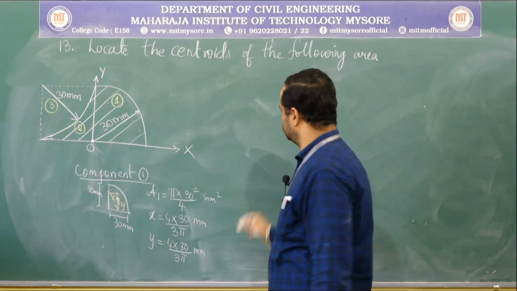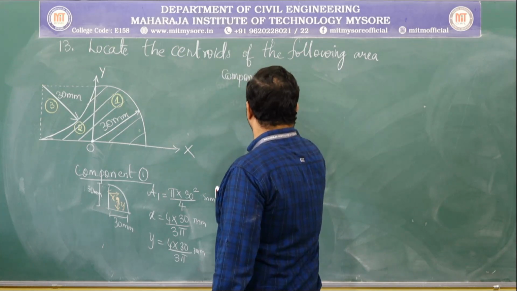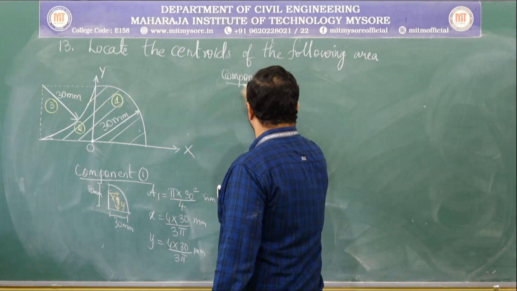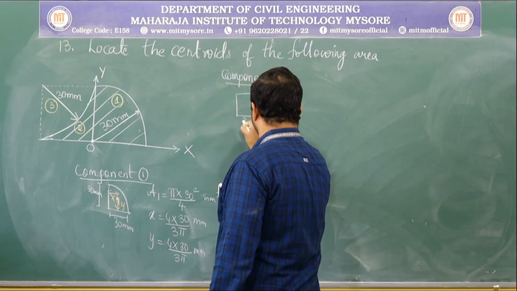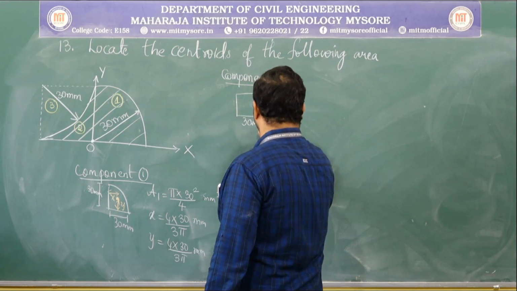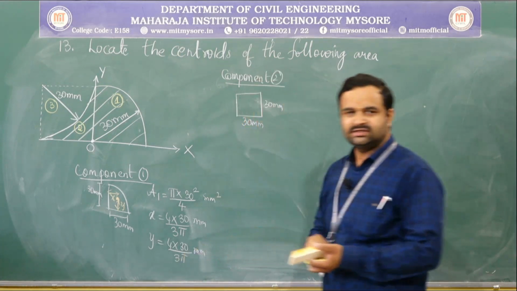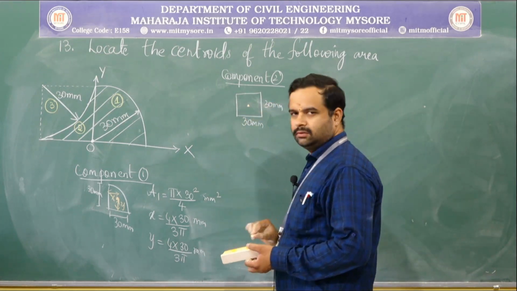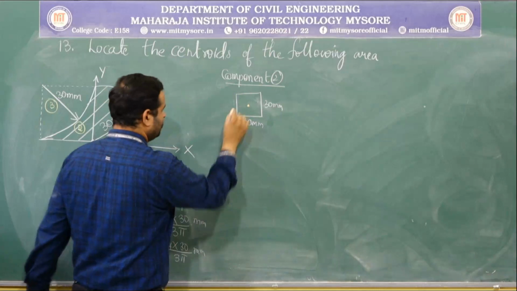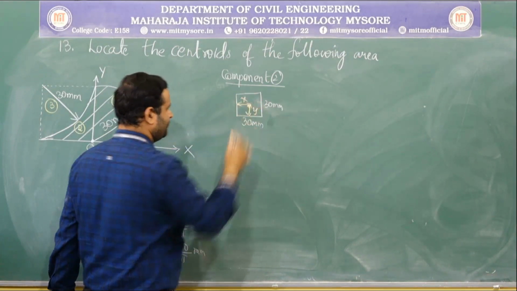Now, component 2. Component 2 is a square of size 30 mm by 30 mm. So, where does the centroid of this square lie? Exactly at center. So, its x and y components can be marked like this, x and y.